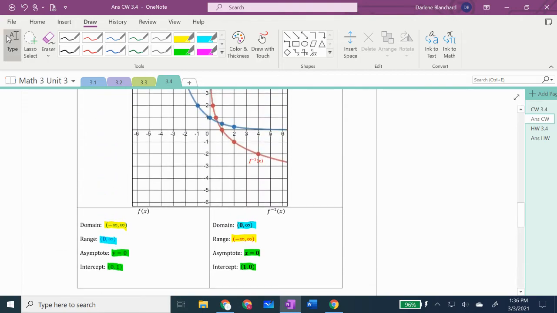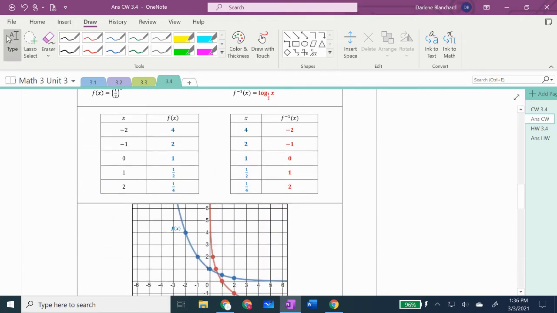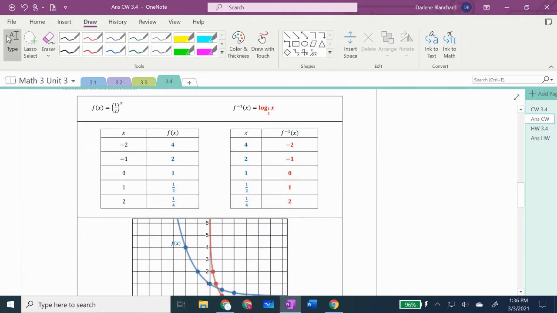So I just want to point that out, that might be an easier point to plot. The easiest points to plot are going to be where the y value of your inverse function is 0 and where the y value of your inverse function is -1. Those are going to be your easiest points to plot typically.